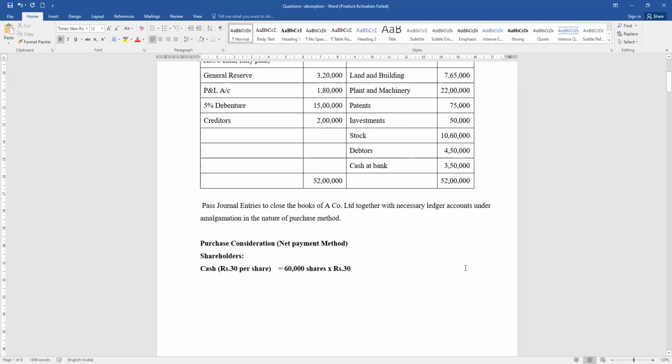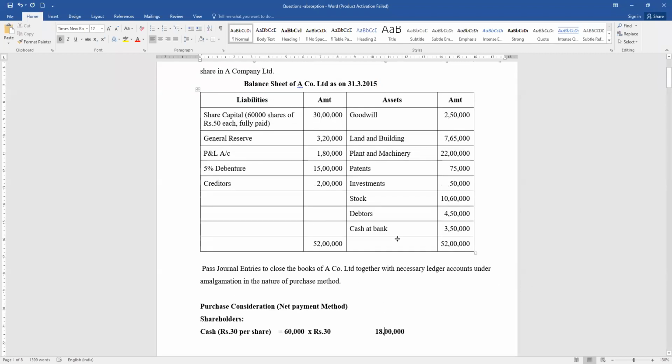How much is the cash payment? 60,000 into 30, they will be getting 18 lakhs. 18 lakhs. Okay.